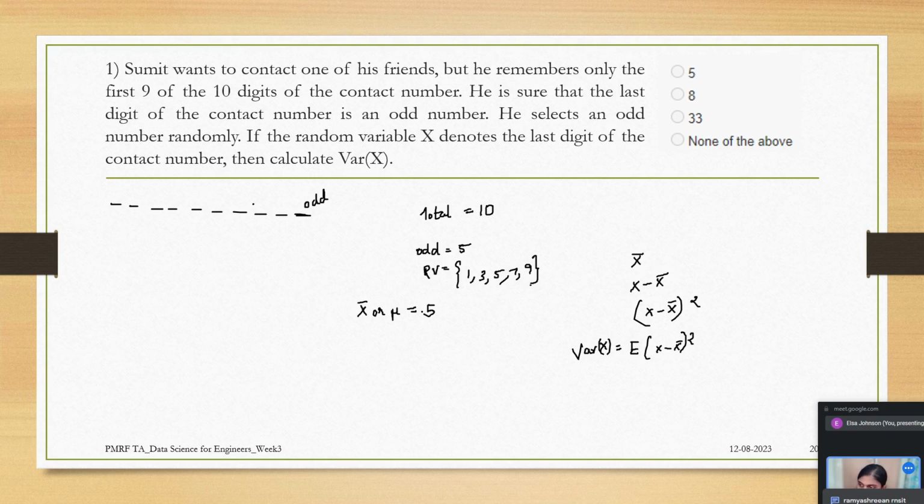Then x minus mu will be minus 4, minus 2, 0, 2, 4.